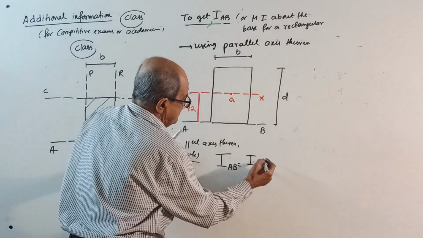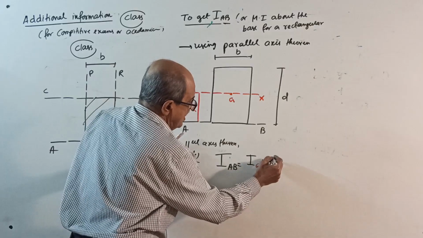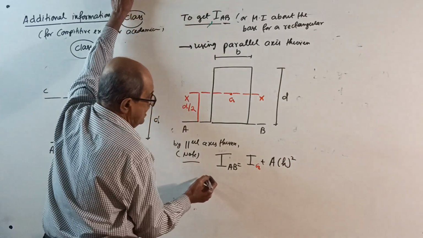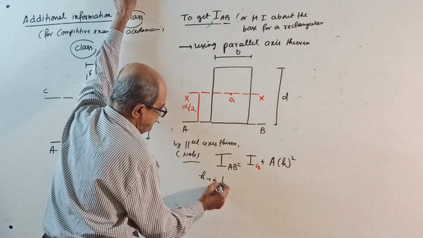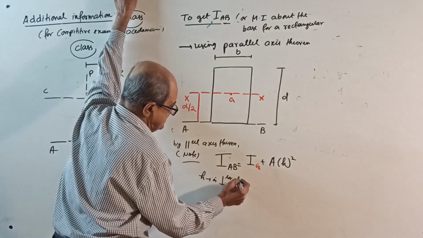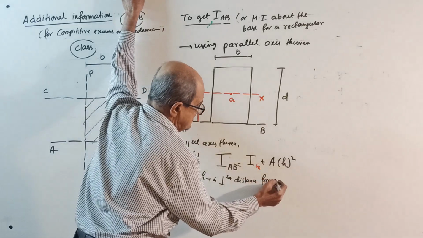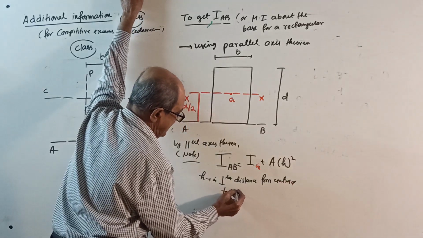IG plus A H square. This I proved last time. IG plus A into H square, where H is the perpendicular distance from centroid to required axis.